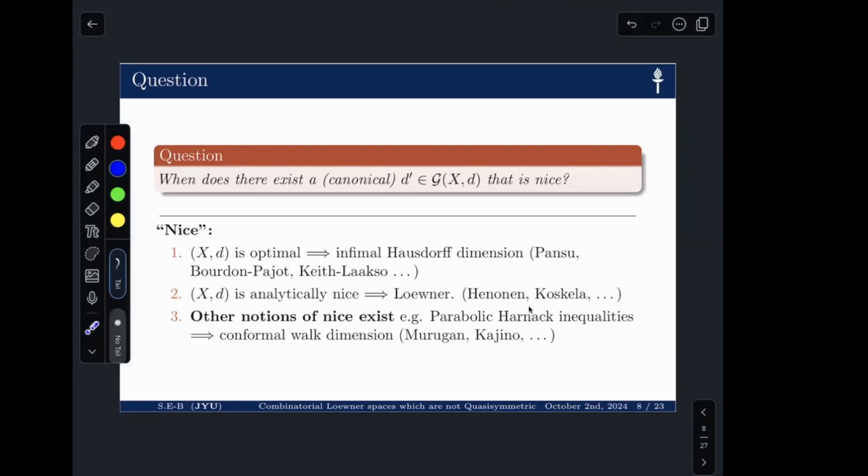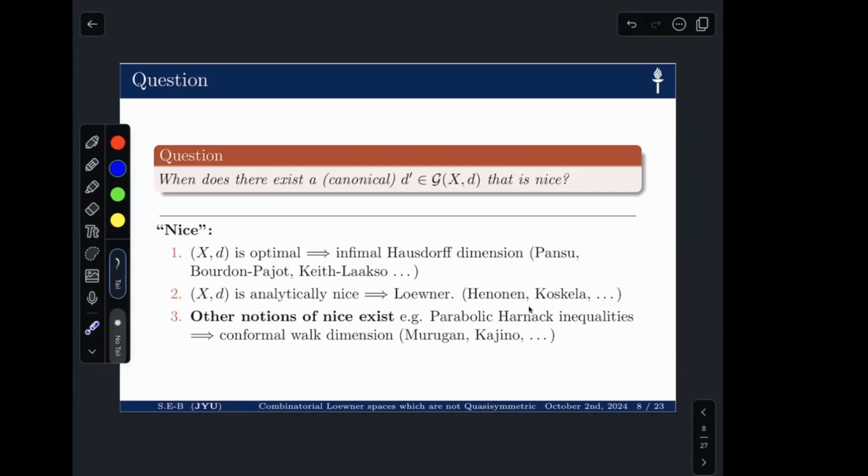By work of Heinonen and Koskela, and Cheeger, what this boils down to is some sort of Poincaré inequality, or in this talk I will focus on the Loewner condition, which is also a natural condition to look for because we're talking about quasisymmetric maps, and the work of Heinonen and Koskela was specifically about how quasisymmetric maps behave in Loewner spaces. That was really what started analysis on metric spaces in many ways. So that's canonically nice to look for.